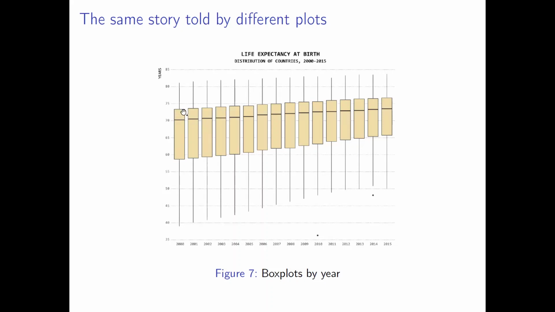So the upper part of the box is the 25% quantile, and the black line here is your median. And the lower part is 75% quantile. And the black point here represents outliers.